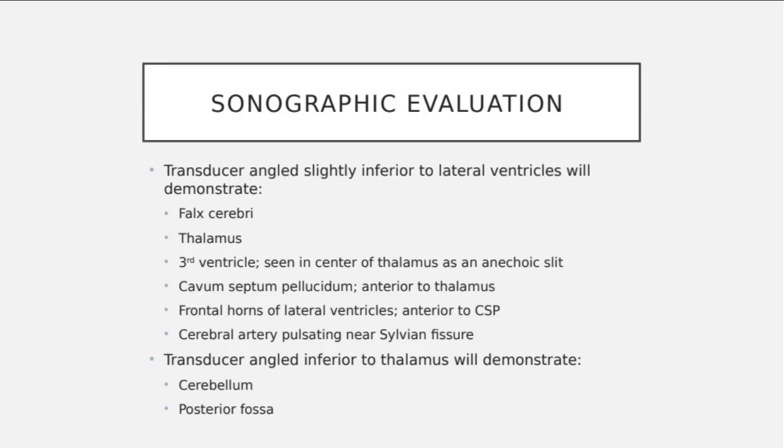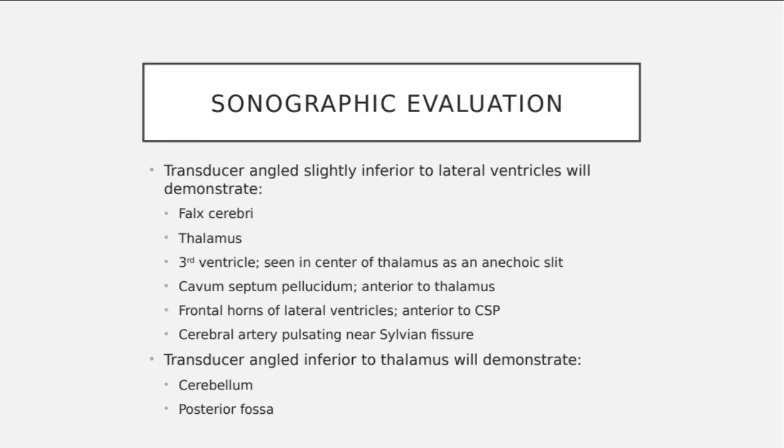Next, for our sonographic evaluation, it's really, really important for you to have the correct level prior to taking any measurements. If you are not at the exact level that you should be in the baby's brain, then your measurement is not going to be accurate at all, and the patient is going to have to get called back. So you really don't want to be making that impression on your patient or on your radiologist.